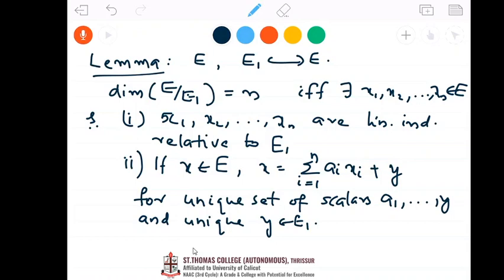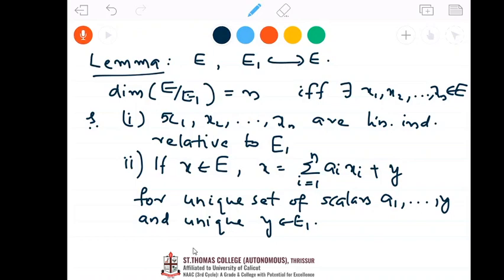So the dimension of E over E1 is equal to n if and only if we can find n vectors x1, x2, etc., xn which are linearly independent relative to E1, and every element of E can be expressed as a linear combination of these vectors and an element of E1 in a unique way.